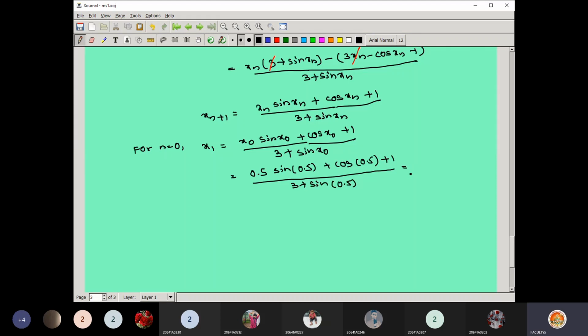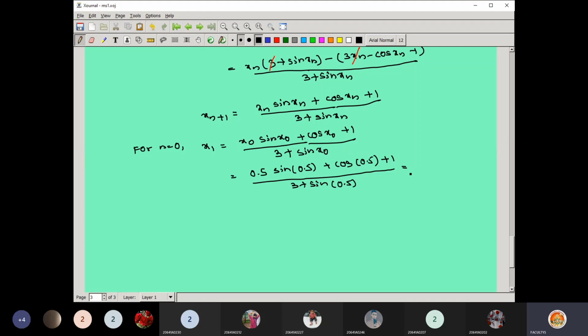So you can open your calculator and find the answer. 0.5 multiplied by sin 0.5, bracket close, plus cos of 0.5, bracket close, plus 1, total divided by 3 plus sin of 0.5, bracket close.